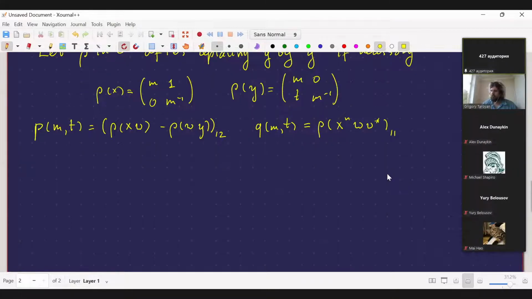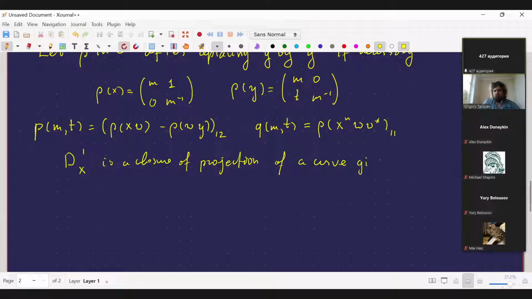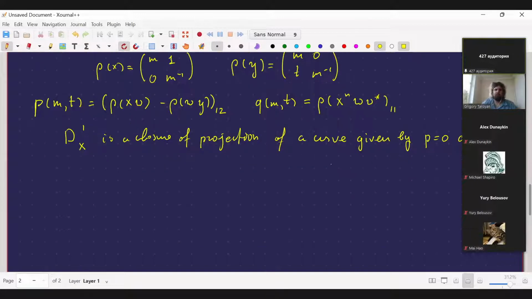Okay, so now Dx prime is the closure of the projection of a curve given by p equals 0, q equals L. So we take a projection to the plane LM.